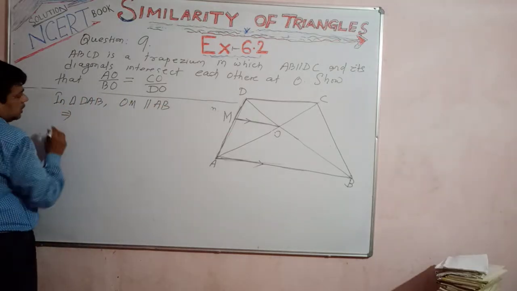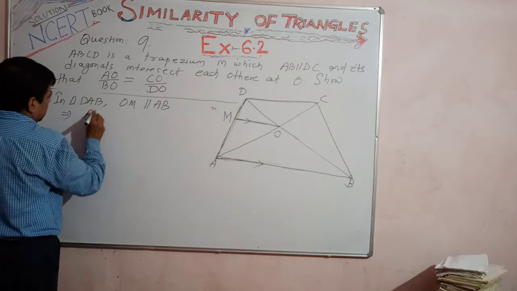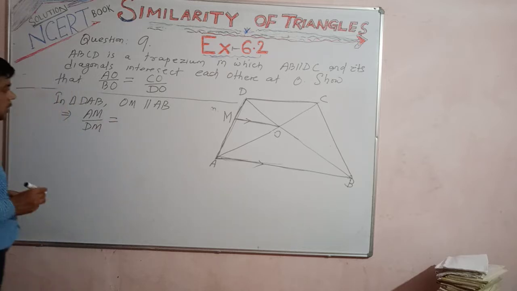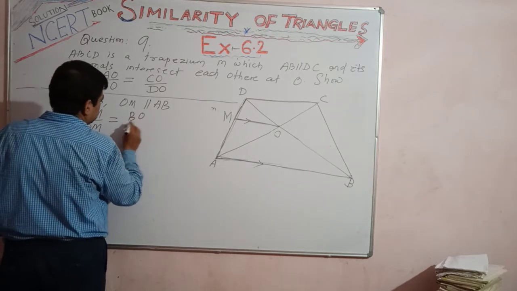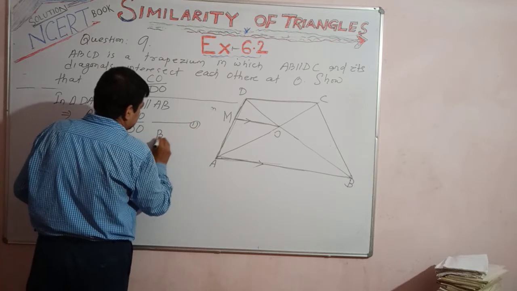What you can use now is AM upon DM must be equal to BO upon DO. Yes or no? By the BPT concept, look here.